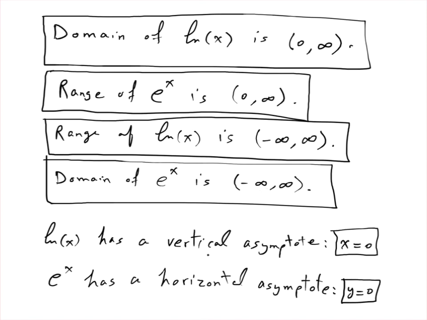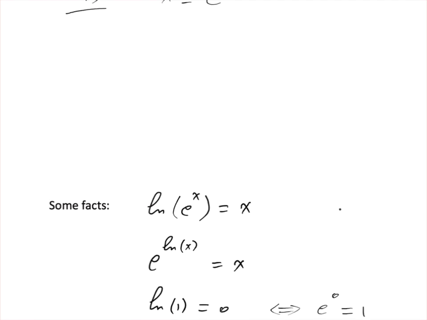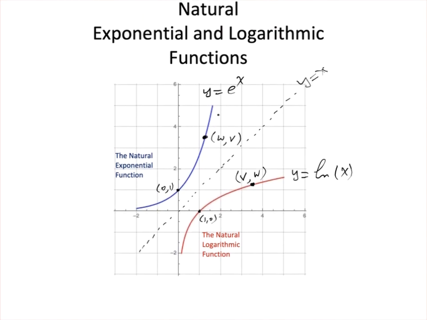ln of x has a vertical asymptote, x equals 0. e to the x has a horizontal asymptote, y equals 0. You can see from the graphs, for e to the x, the x-axis is a horizontal asymptote.